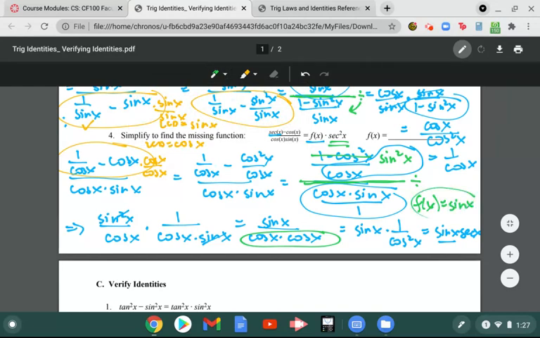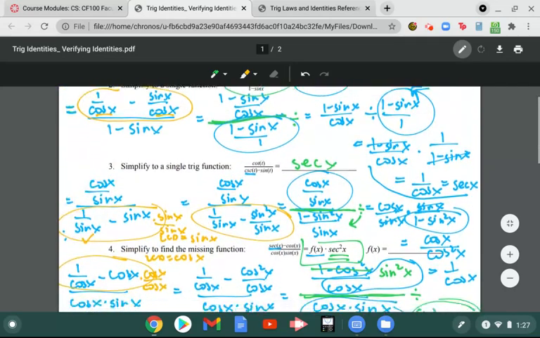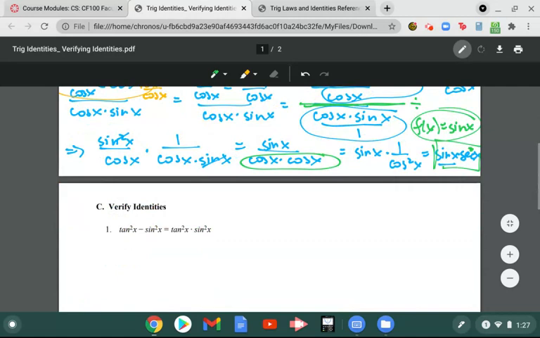See, I promised they wouldn't all be secants. Okay, so f of x, that missing blank, it's something times secant squared. And that blank then is sine.